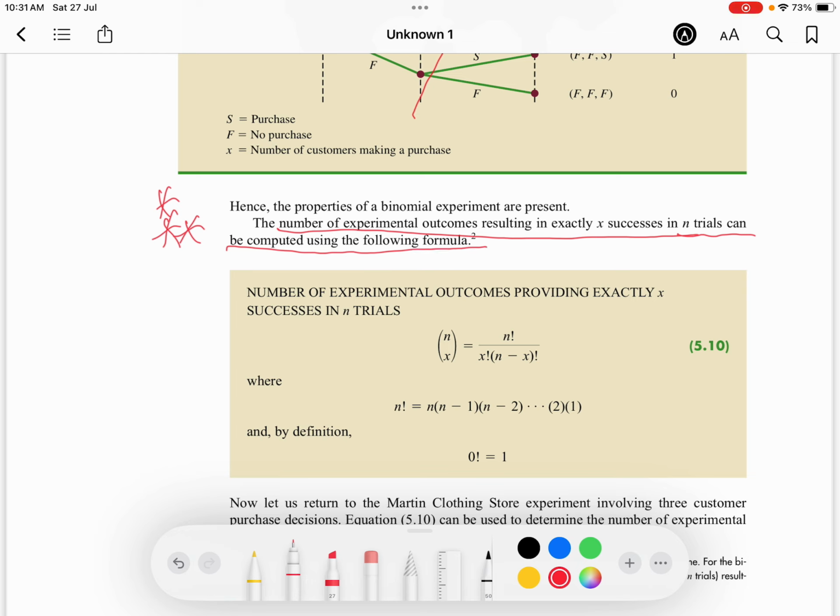Here you have n choose x, which is a combination, we know it. n factorial is n multiplied by n minus 1, n minus 2, and n minus 3, multiplied till 2 by 1, and 0 factorial will be 1.